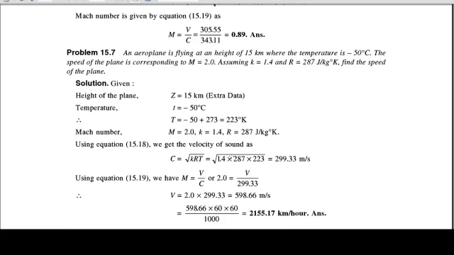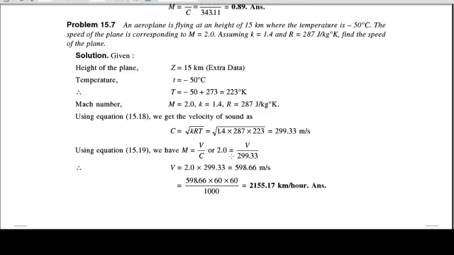So our next problem is, an aeroplane is flying at a height of 15 kilometer, where the temperature is minus 15 degrees centigrade. The speed of that plane corresponds to M equal to 2. Assuming that k is equal to 1.4, R is equal to 287, find the speed of the plane.